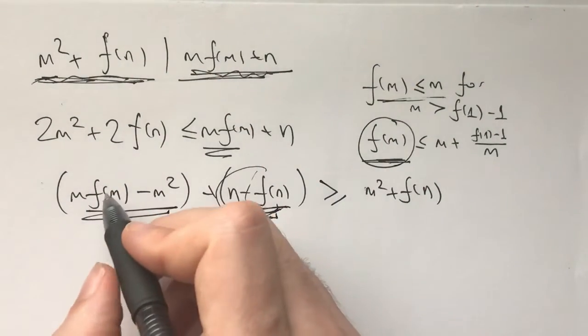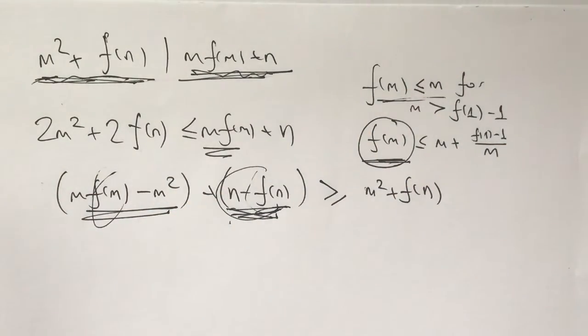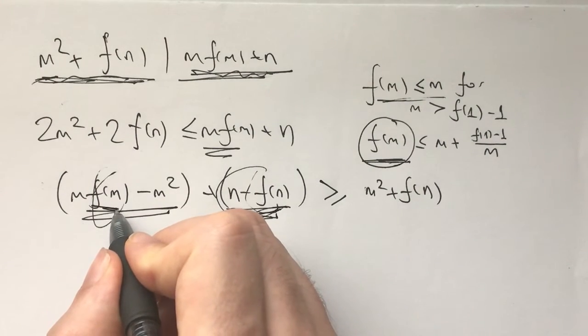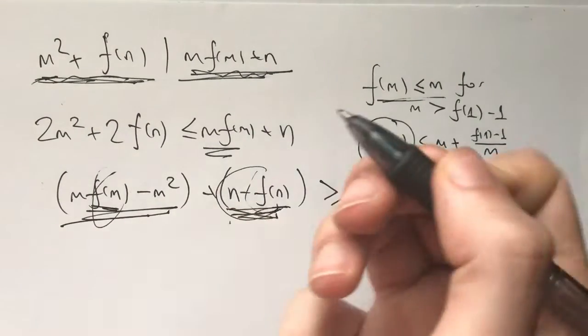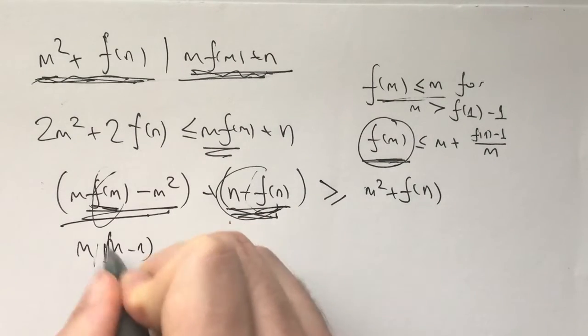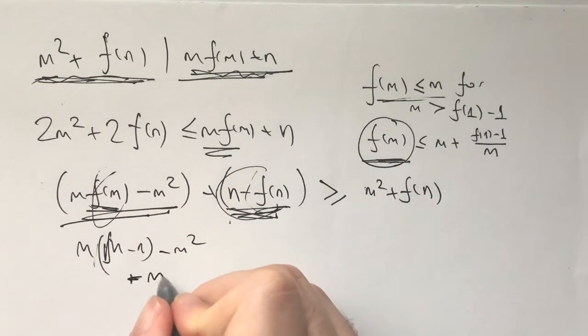If for some large number m, we don't have f of m equals m, whatever large, we later define the large thing. If it's not large, then we'll have that this thing right here will be a contradiction, because this will be at most m times m minus 1 minus m squared, i.e. this will be at most negative m.